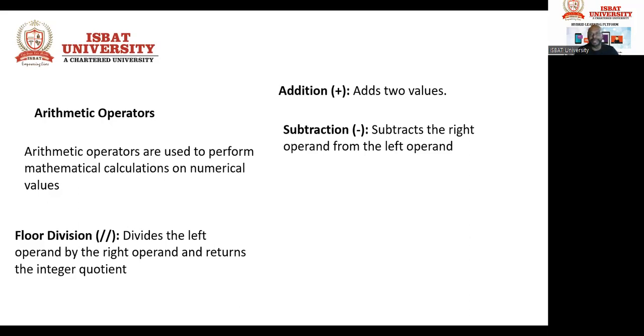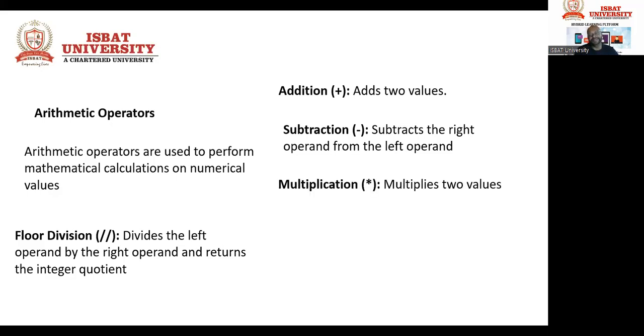When we do mathematical calculations, you can have two operands, one on the left side of the operator, one on the right side. So if you have A plus B, the left operand is A, the right operand is B, and the operator is plus. You should have a clear idea on this one.